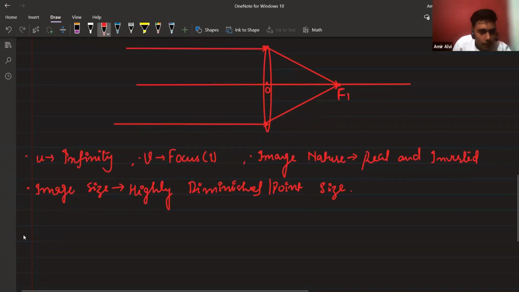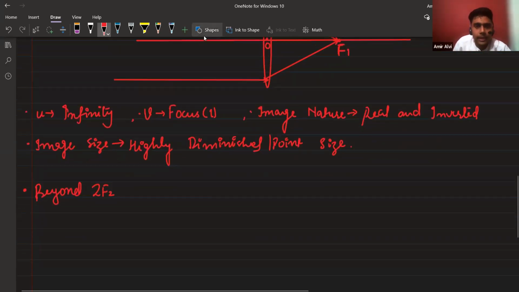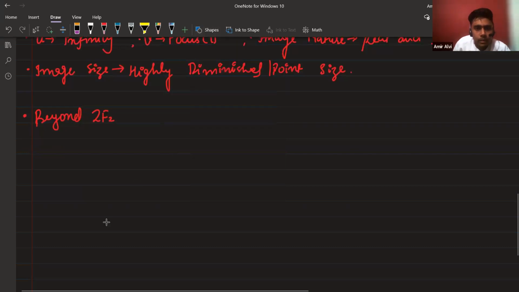Clear? Beyond 2F2. Let me draw the thing.